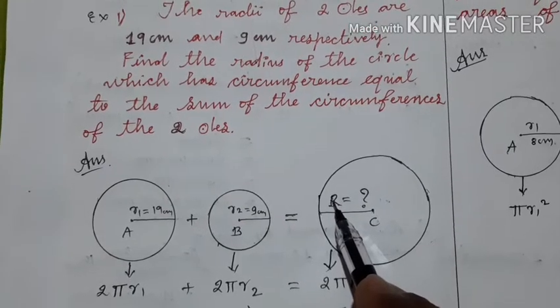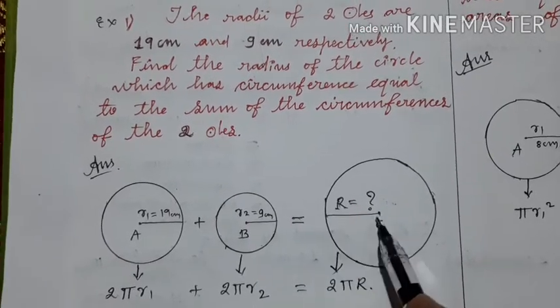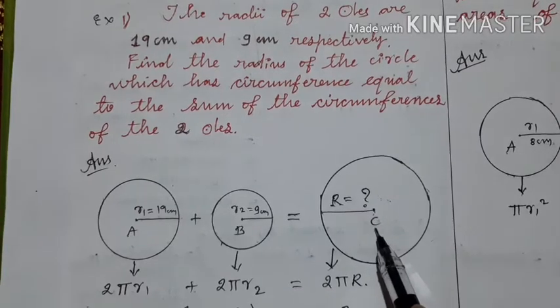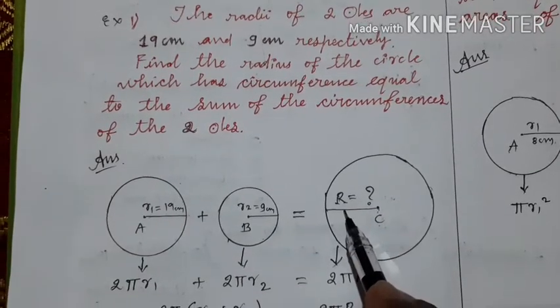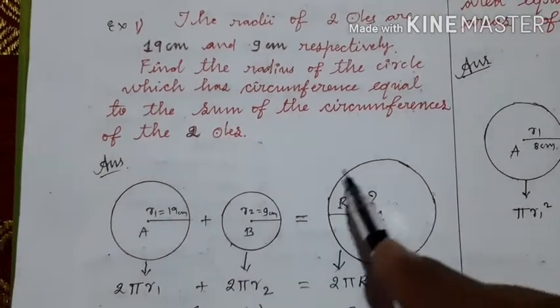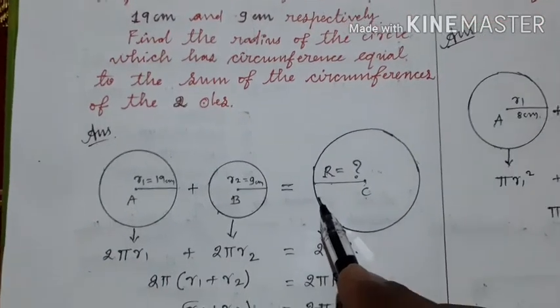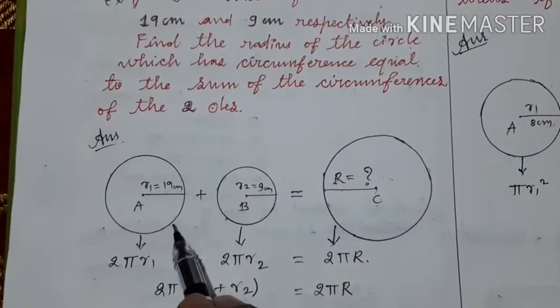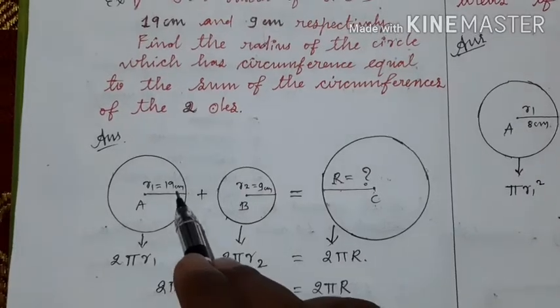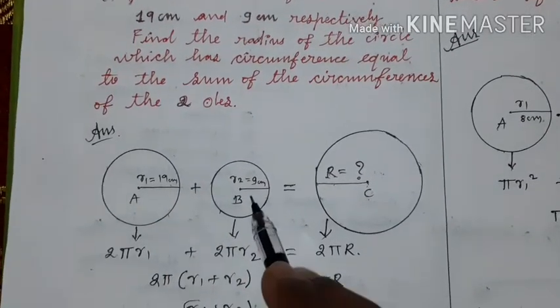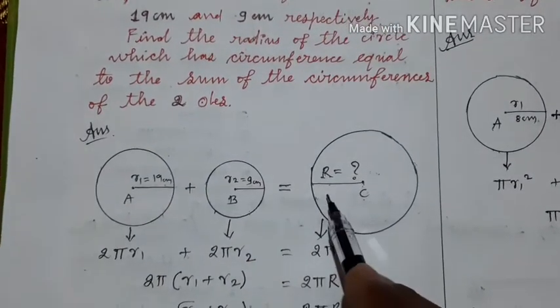And we need to find the radius of the new circle with center C, whose radius is capital R and whose circumference is equal to the sum of the circumference of this circle with 19 centimeter radius and this circle with 9 centimeter radius.